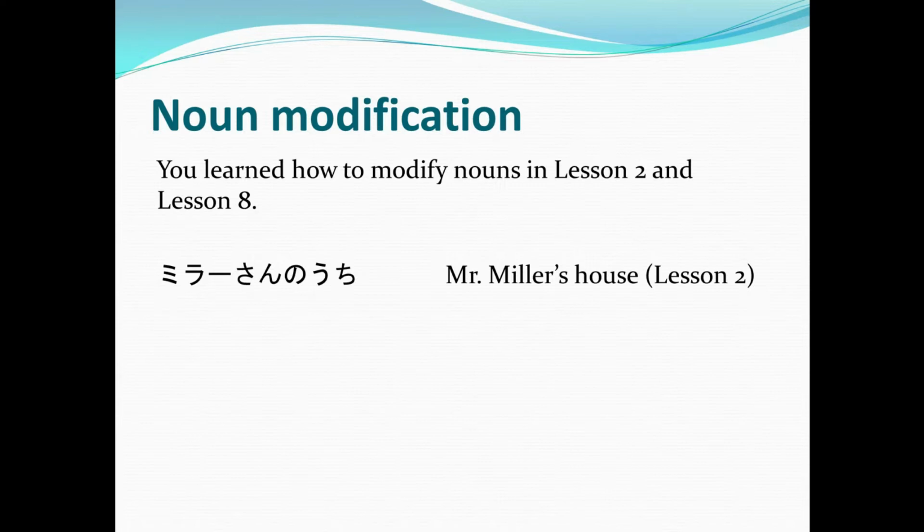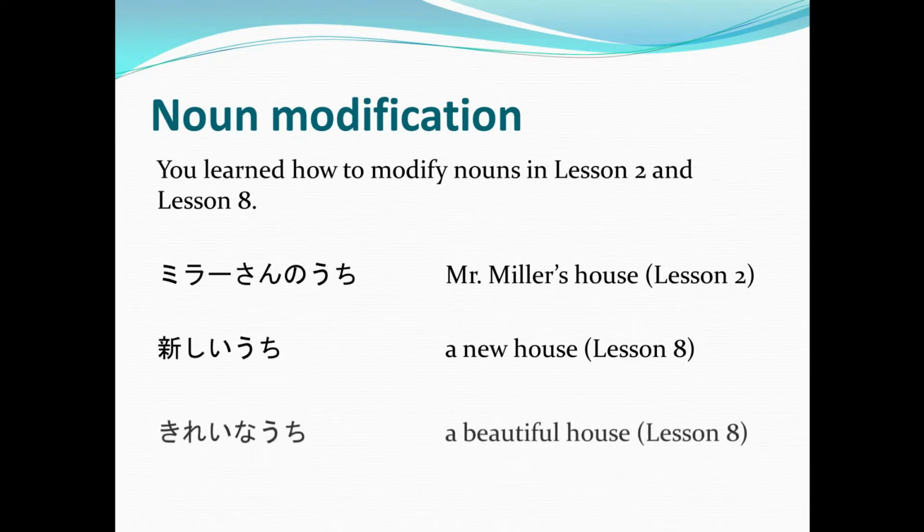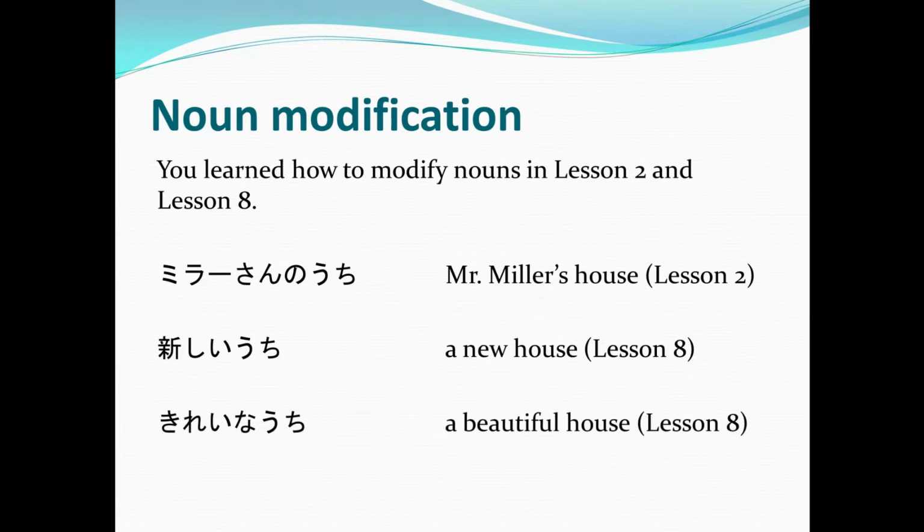And in lesson 8, atarashii uchi, or a new house, using new to modify a house. And then of course, also in lesson 8, using adjectives to modify a noun, kirei na uchi, or a beautiful house. So we use the term kirei to modify the noun, which is a house or uchi, as being kirei or beautiful.